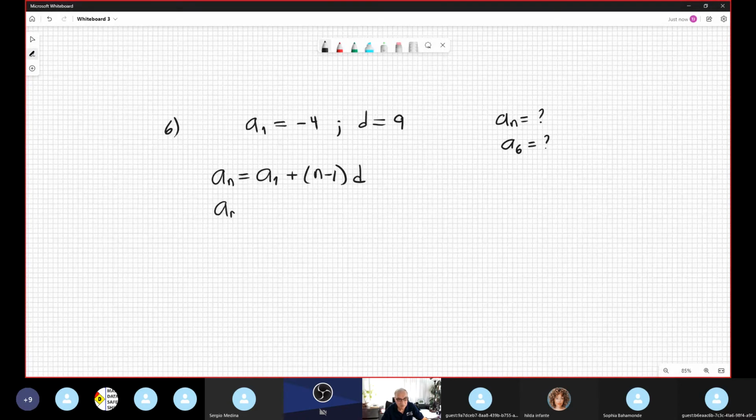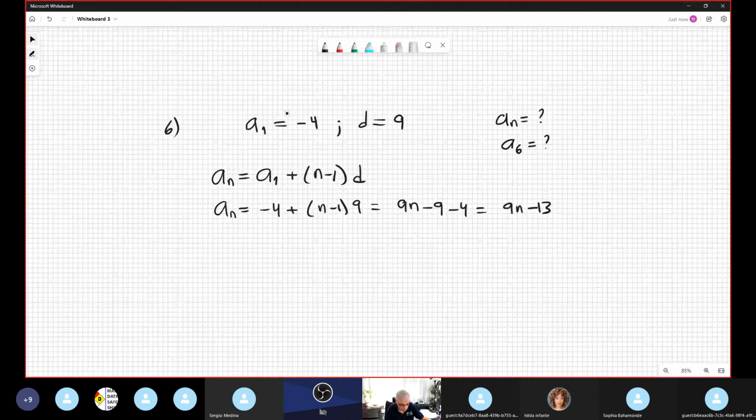In our specific example, this is -4 plus n minus 1 multiplied by 9. Leave it like that you can, but much better to manipulate a little bit. Distribute the property: 9n minus 9 minus 4. I suppose it's 9n minus 13.